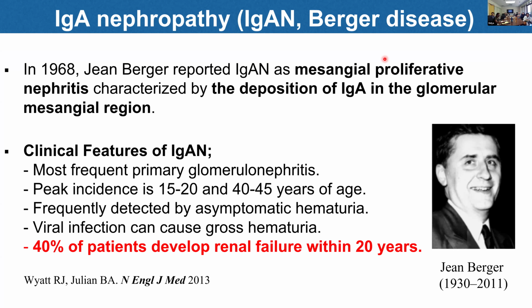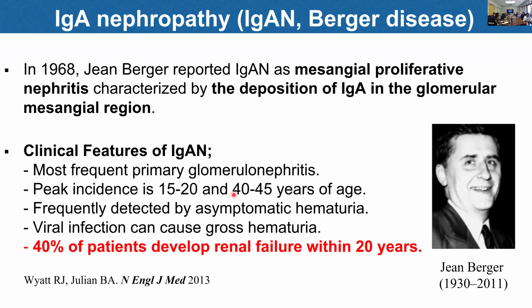So IgAN was previously called Berger disease. The clinical feature is that IgAN is the most frequent primary glomerulonephritis. The peak incidence is around 20 to 40 years of age, and this disease is frequently detected by asymptomatic urinary abnormalities. Most IgAN patients are not aware of the disease at first.